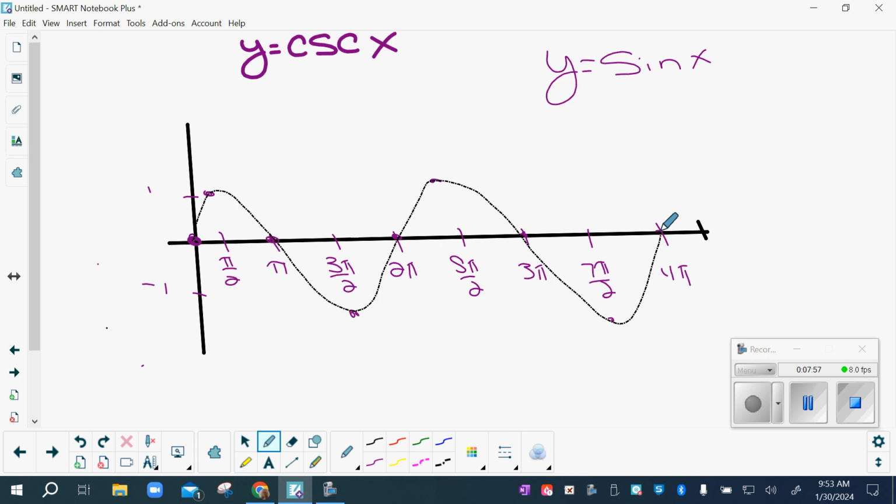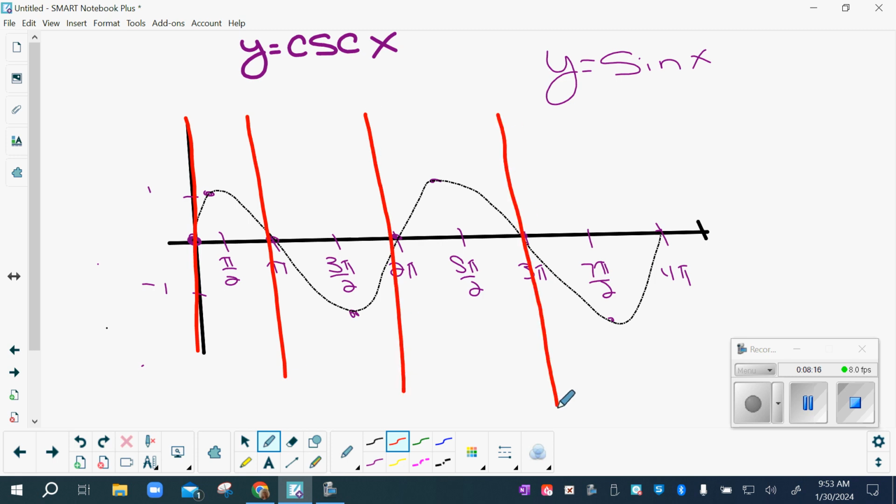So the first thing I want you to do is throw in some asymptotes, some lava lines, everywhere this guy hits 0, or the midline. Throw in these guys. Now, sine doesn't have any asymptotes, but cosecant does because he's in the upside down world.